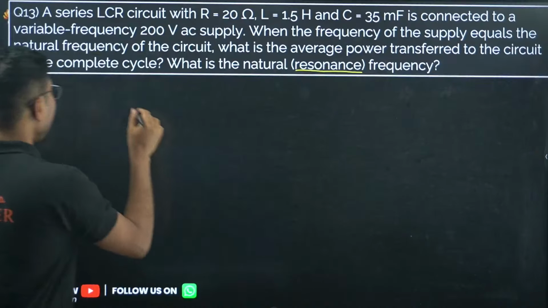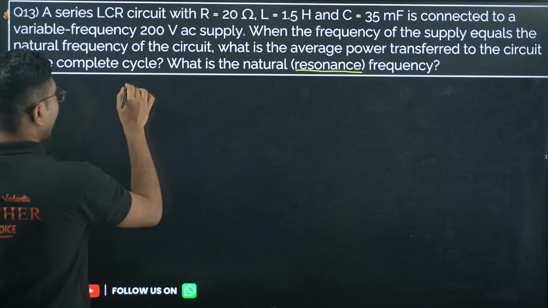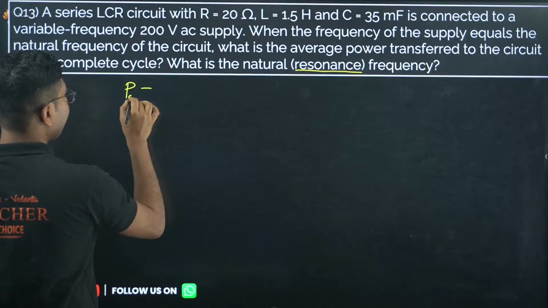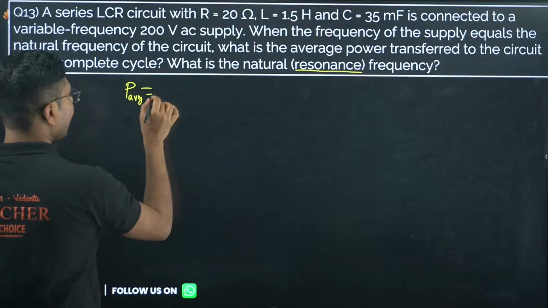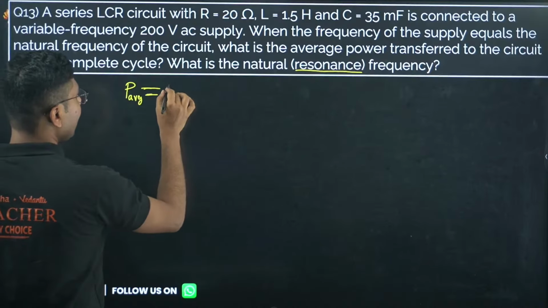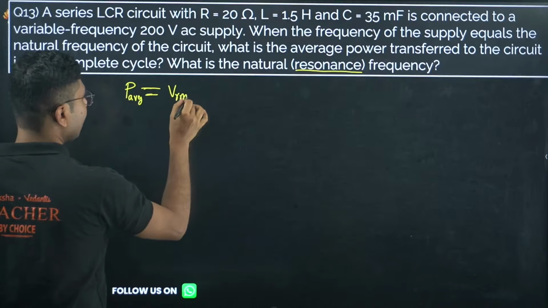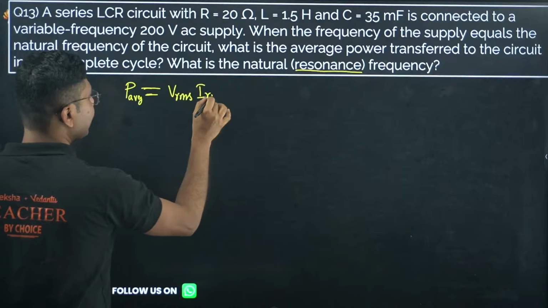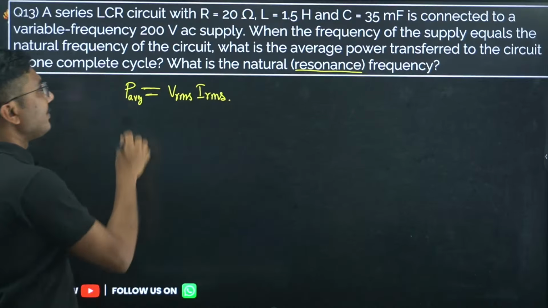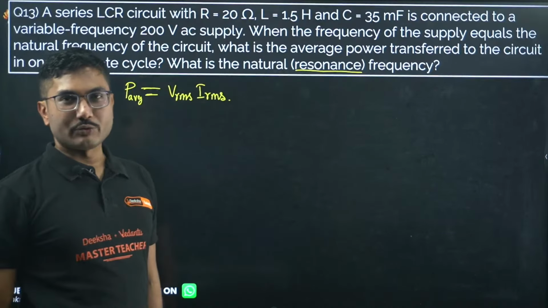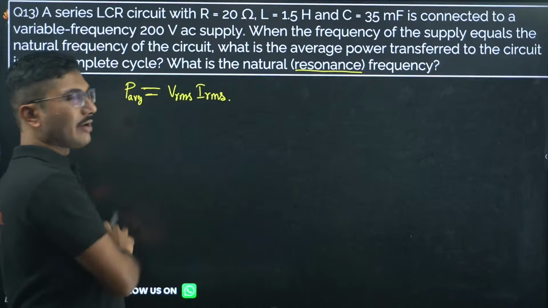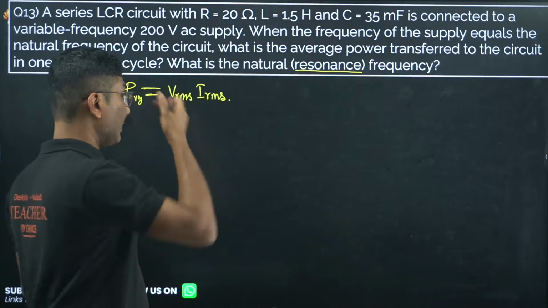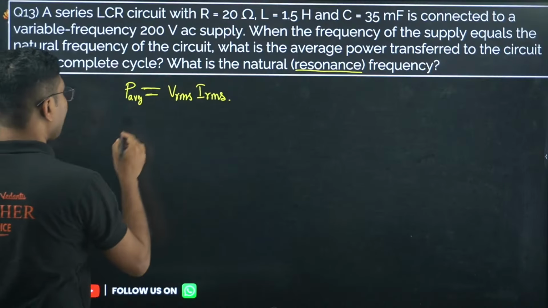That will be given by the average power delivered in one complete cycle, which is V RMS into I RMS. V RMS is given. You can calculate I RMS, and you can calculate the average power given to the circuit. How to calculate I RMS?